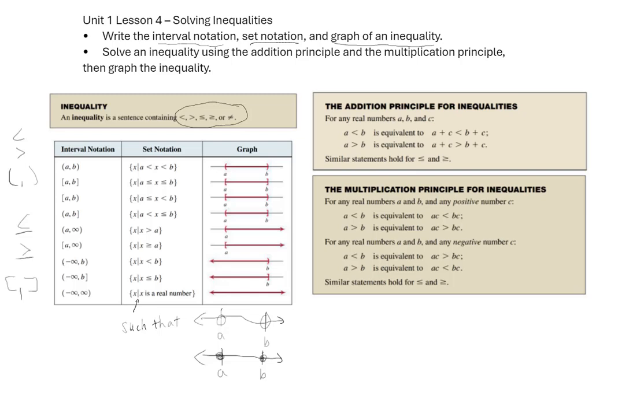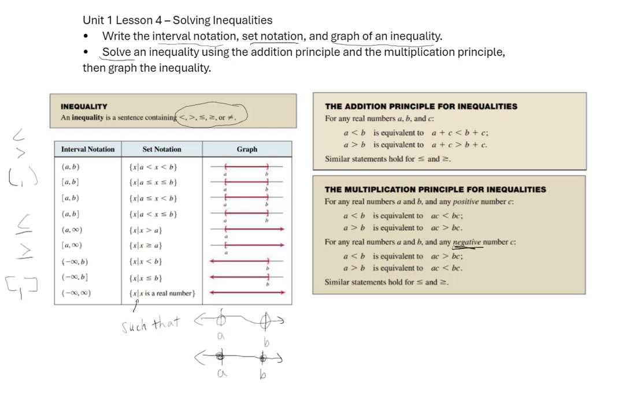Our second goal is we want to be able to solve inequalities. I have here the addition properties. If a is less than b and you add c to both sides, it stays a plus c less than b plus c. If a is greater than b, you add c to both sides, then the inequality stays the same. What changes is when you see a negative.